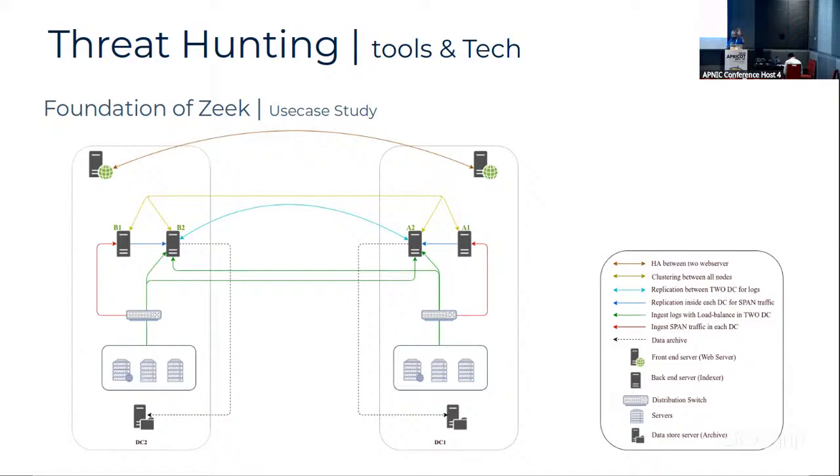They have two different data centers located in two different cities, and both are configured in a layered approach, like LAN, then distribution, then outer interface. And in this part, this was a Zig sensor.